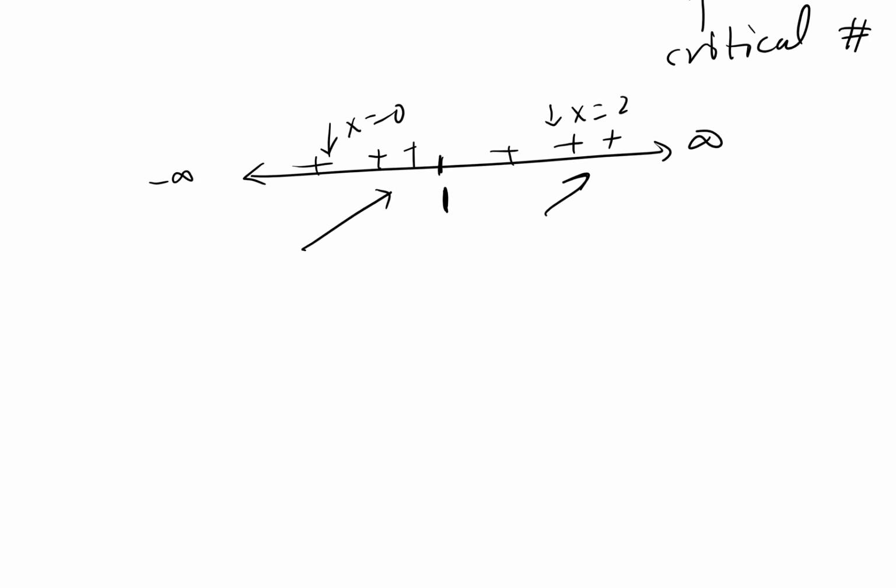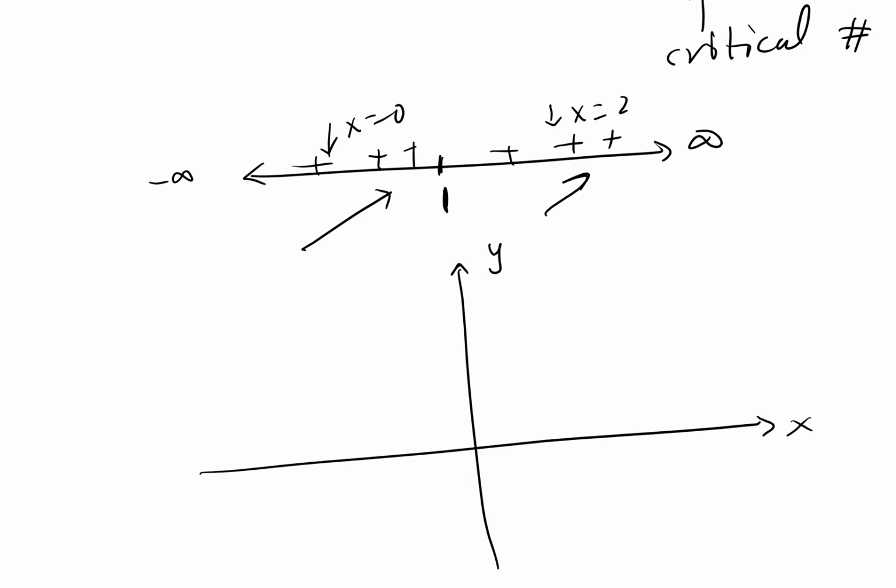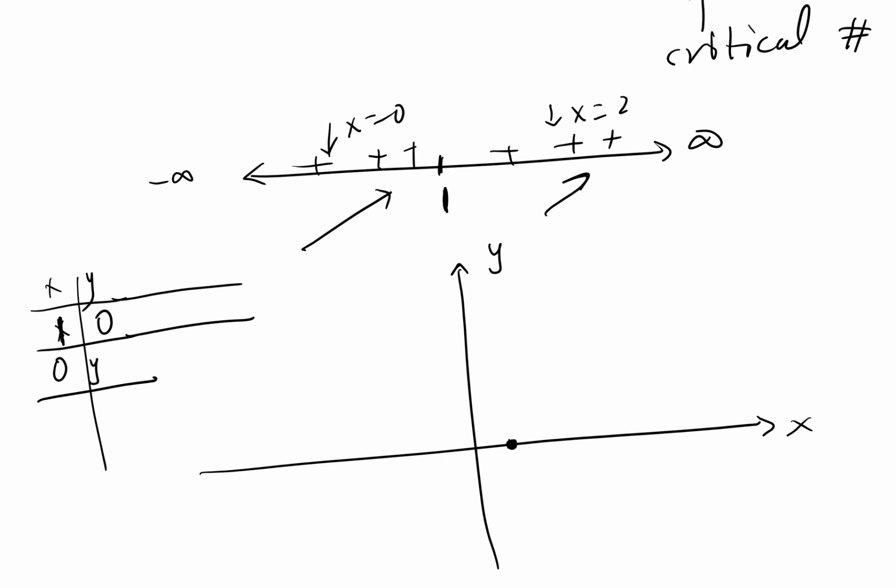Now to graph it using this piece of information, we try to create a chart here. When I choose x equals 1, substituting into the original function, you get 0. If you take x equals 0, y would be the cubic root of 0 minus 1, and the cubic root of negative 1 is negative 1.